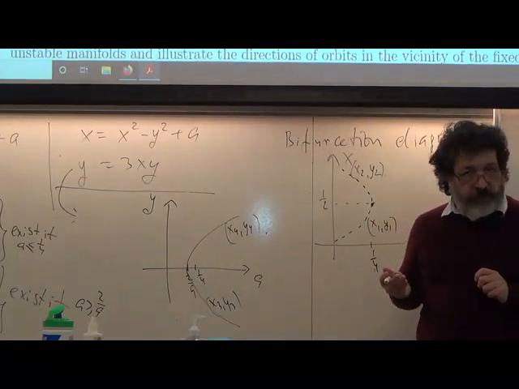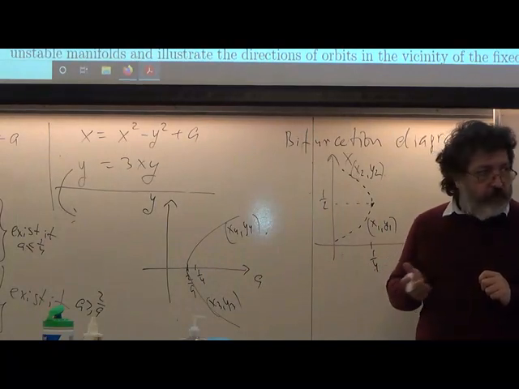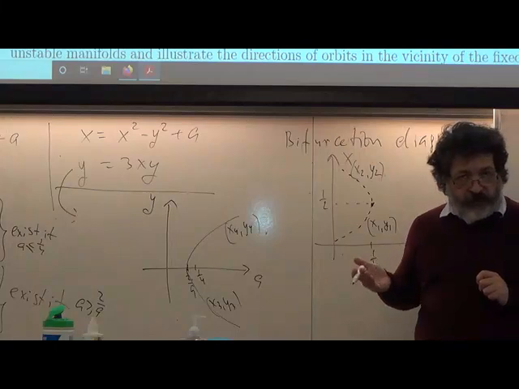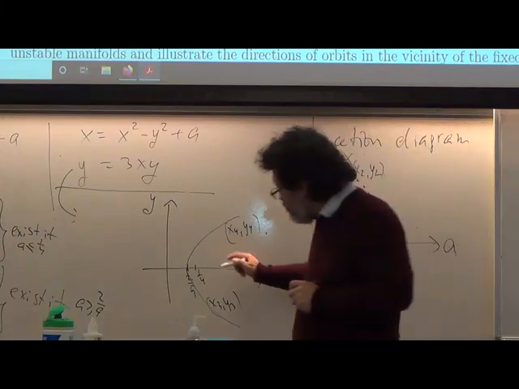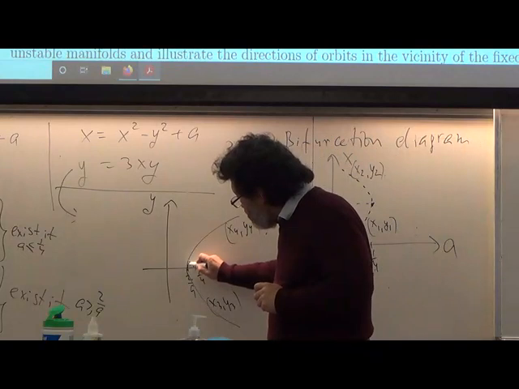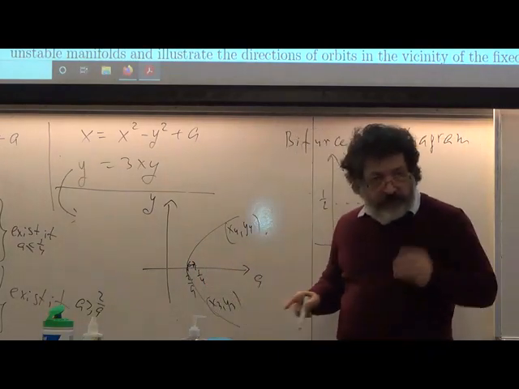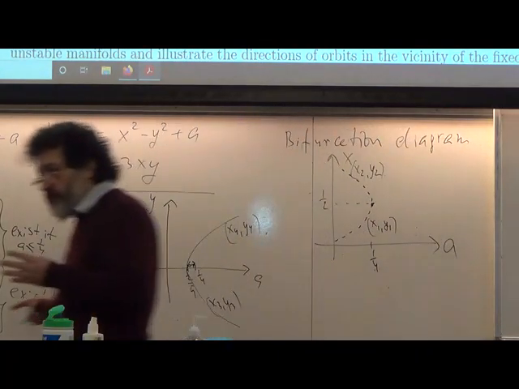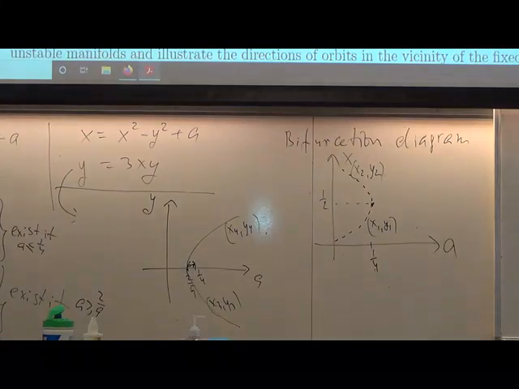Correct? Quarter is more than 2 over 9. Quarter equals 2 over 8, and 2 over 8 is larger than 2 over 9. Therefore, in this place between 2 over 9 and quarter, we will have 4 fixed points. They all exist. Make sense? Good.